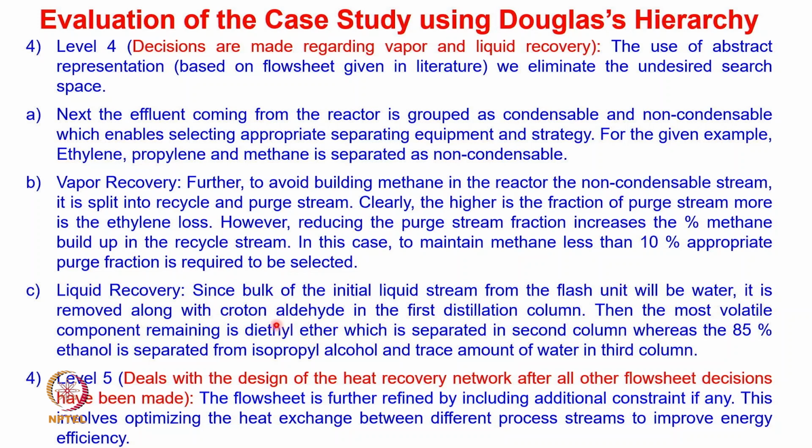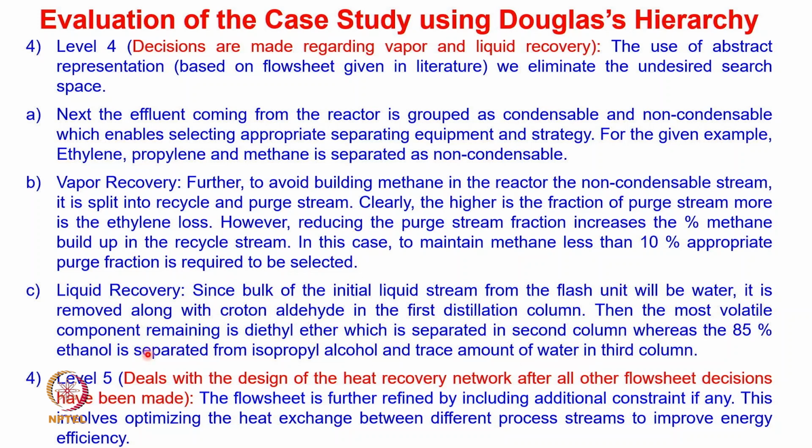So we can separate the diethyl ether in the second column, and once the diethyl ether is separated, it will be recycled back to the reactor, and the bottom product coming from the second distillation column then will be charged to the third distillation column, where the 85% ethanol is separated from isopropyl alcohol and trace amount of water in the third column.